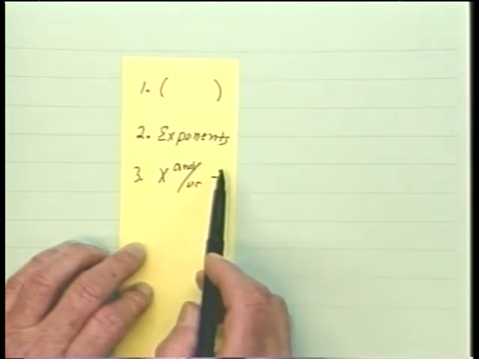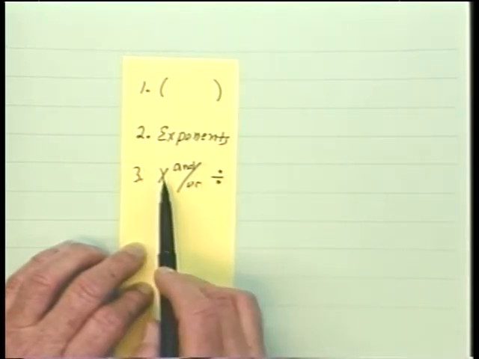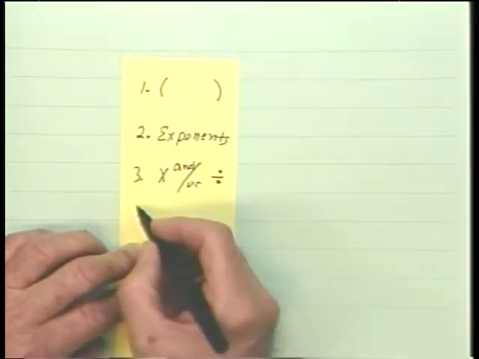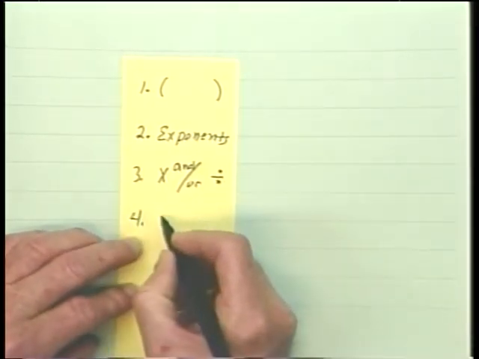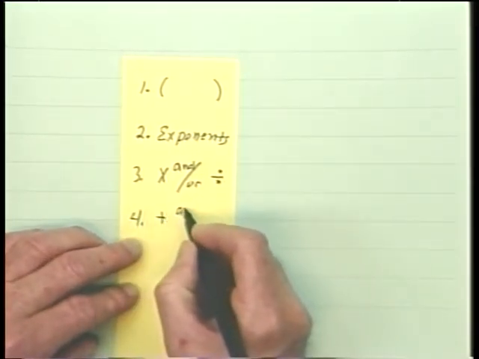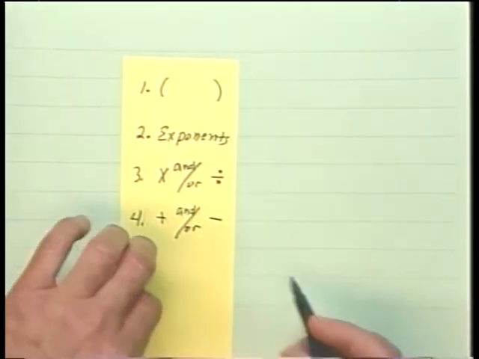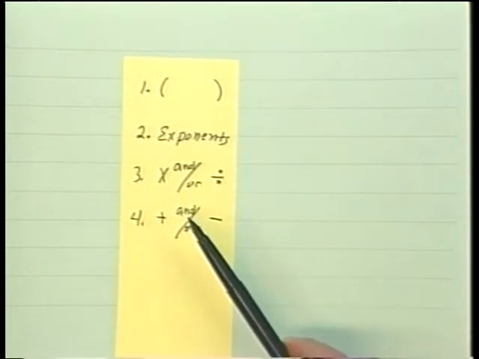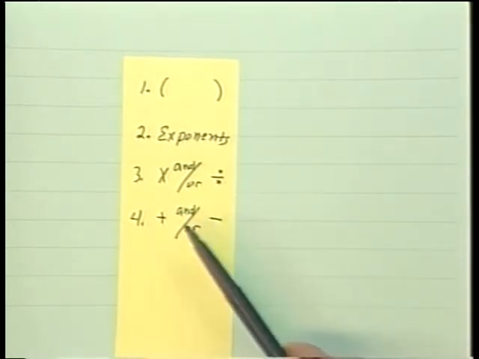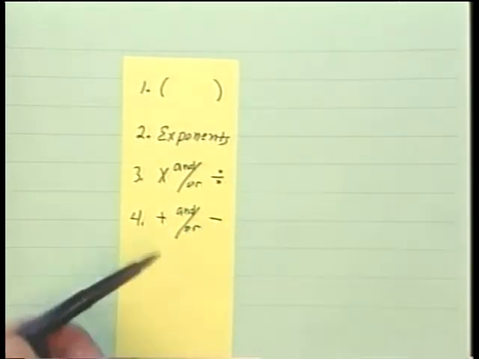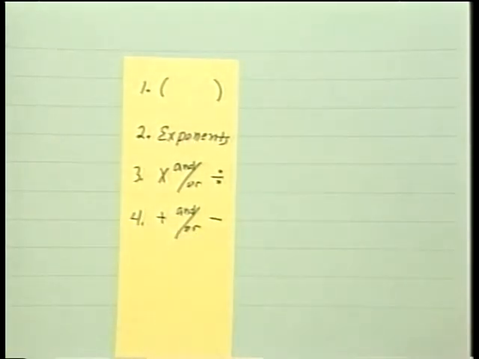If this comes first, I do it first. If this comes first, I do it first. Then finally, the additions and or subtraction. And again, the and or means whichever of these I come upon first, reading from left to right, that's what I will do first.